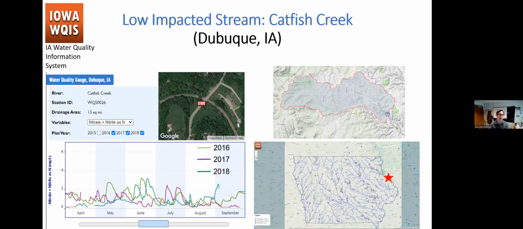We collected samples in 2019 or maybe end of 2018, and we wanted to know the past 3 years and look at that record. And this is our low impacted stream, Catfish Creek, from Dubuque, Iowa, shown here in the star. The nitrate and nitrite concentrations, you can see, are mostly below 2. Average is probably about 1 from April to September across all 3 of these years.